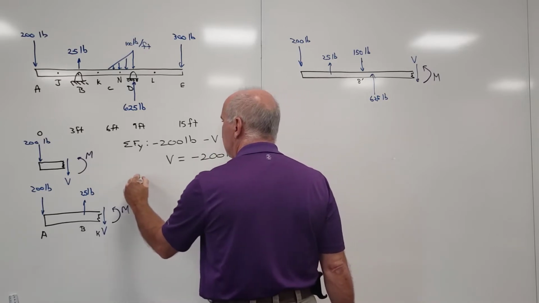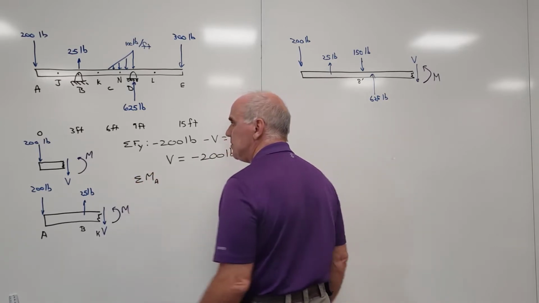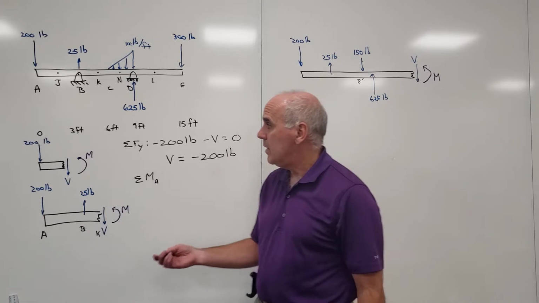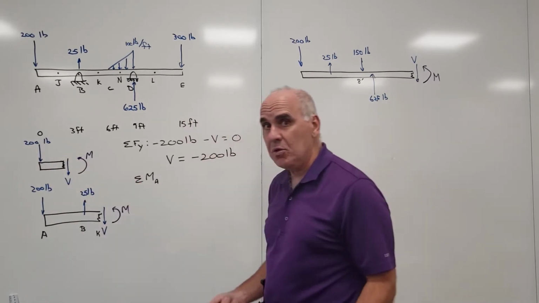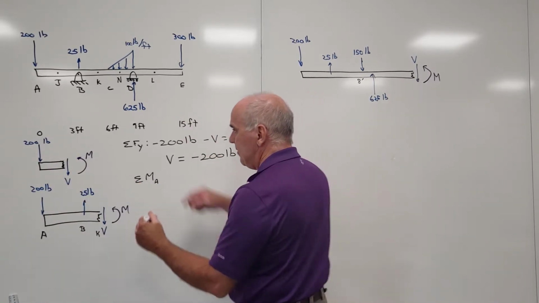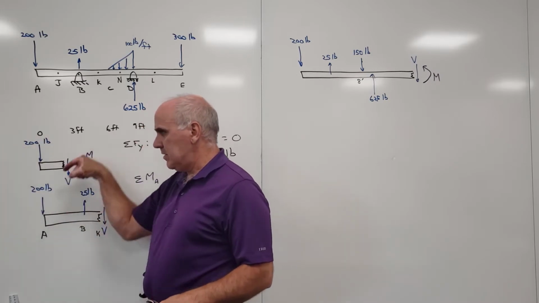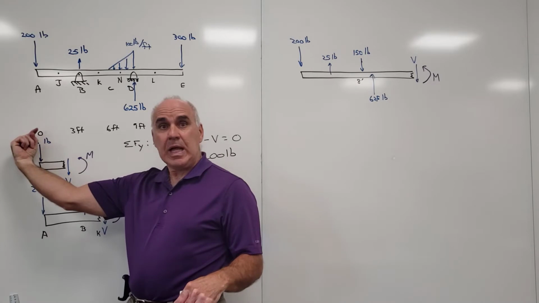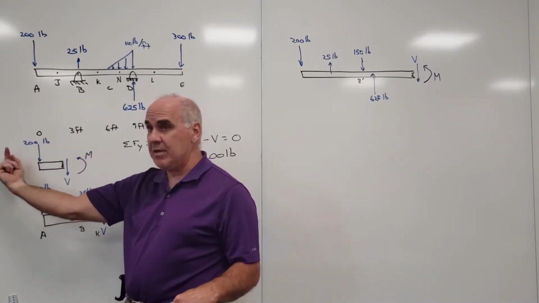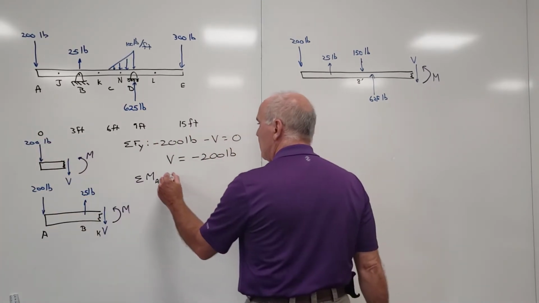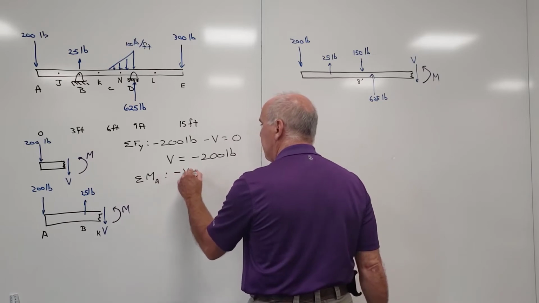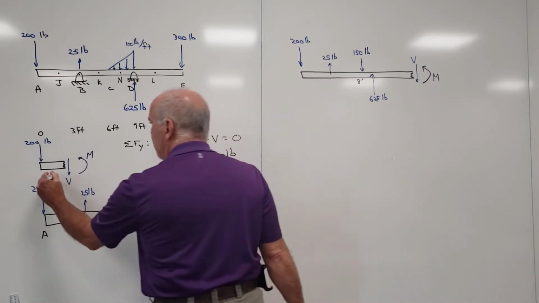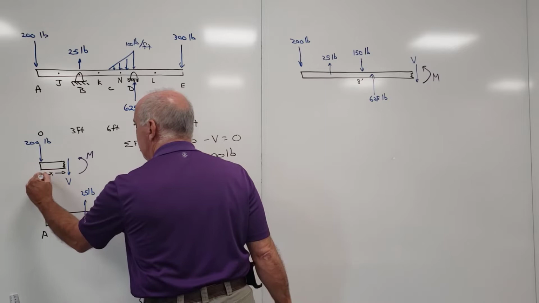And then when I look at the sum of the moments, I'll choose those moments about point A. That eliminates the 200 pounds from the moment equation. V is in the clockwise direction as it tries to rotate around point A. And so that's going to be minus V times X, right? This is some arbitrary distance X right there.